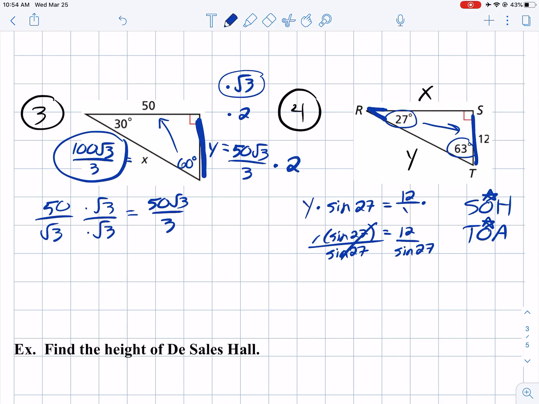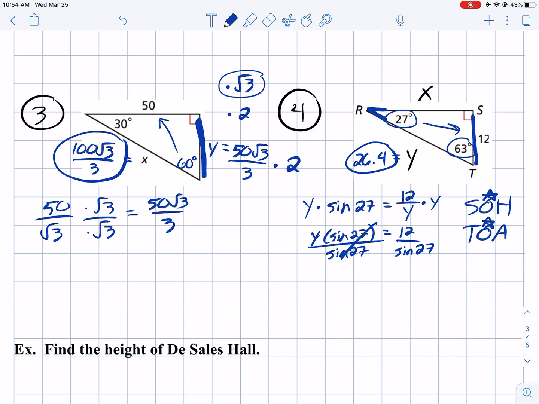You were actually solving for y here. So you would have gotten a different number. You would have actually gotten 26.4 for your hypotenuse, for y. Sine is opposite over hypotenuse, not opposite over adjacent.